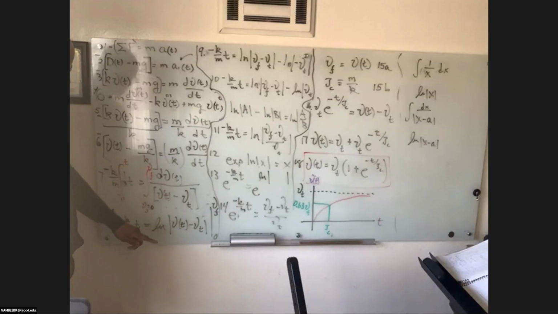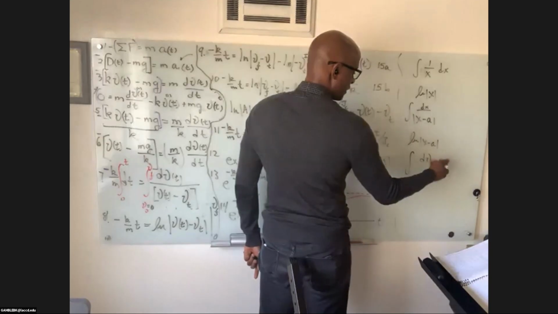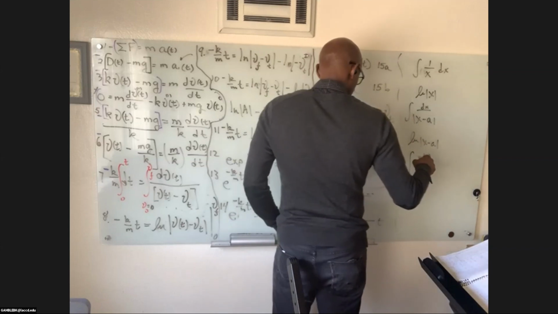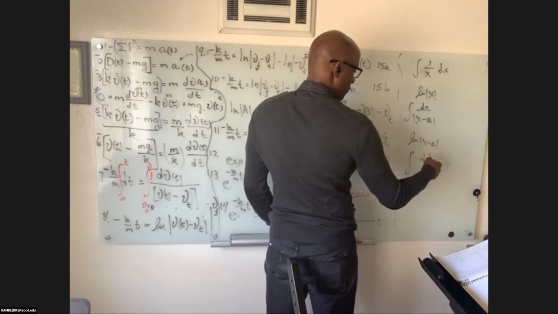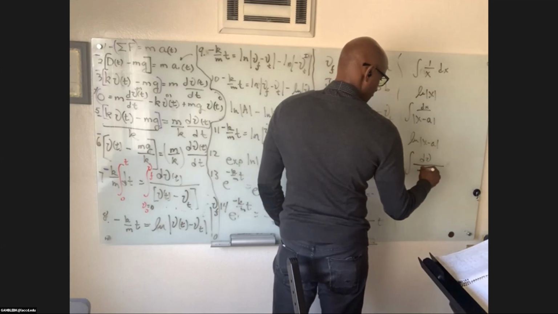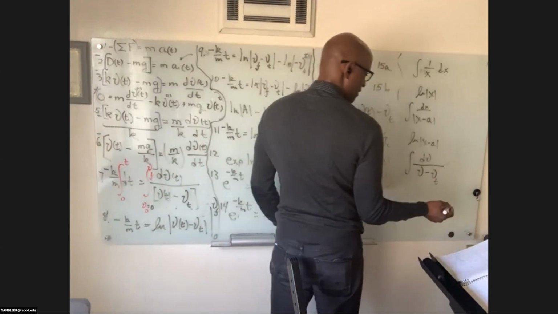That is equal to ln of d. v of t is a constant. Let me do it over here for you. What I have is the integral of dv over v minus, and v of t is a number, it's a constant.